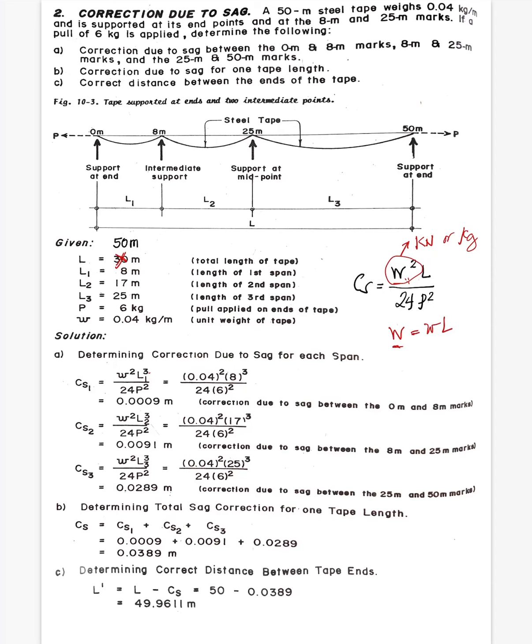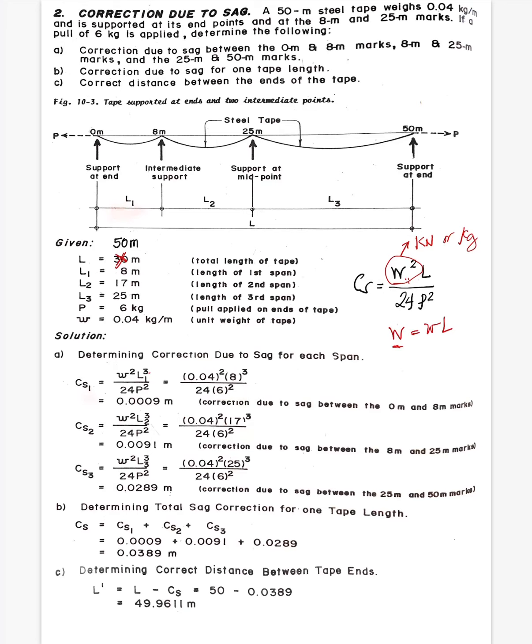So maybe in some problems the given is big letter W, not the small w. Okay? So to continue, you have the formula small w squared multiplied by L cubed over 24 P squared. So you have w equal to 0.04 squared multiplied by 8 cubed over 24 times 6 squared.